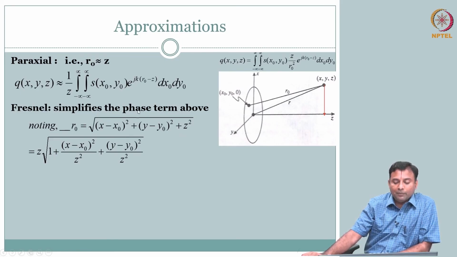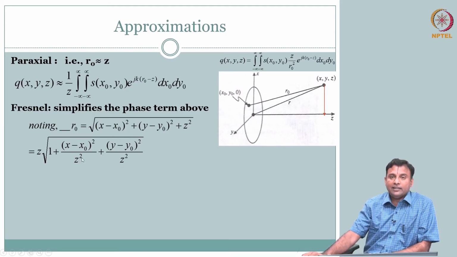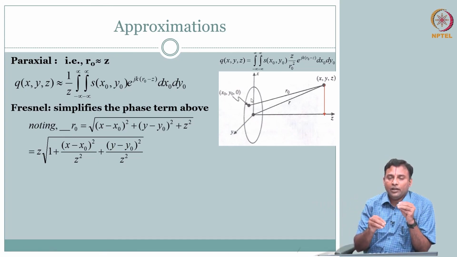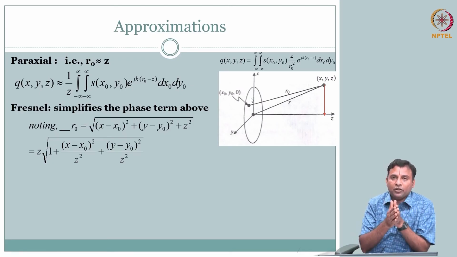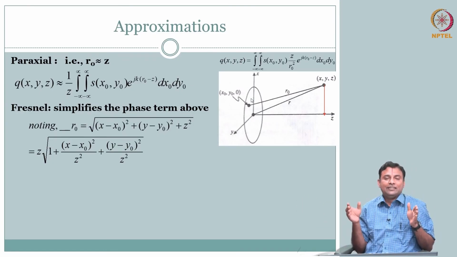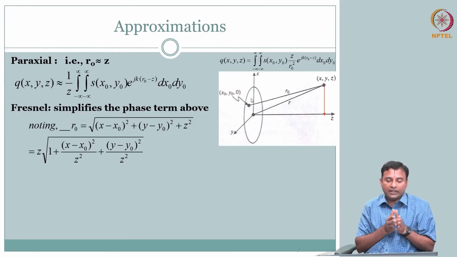So far it is just mathematical manipulation, but the simplification comes from the fact that we are interested in knowing whether you are close to the transducer or away from the transducer. We also showed at the beginning of the module that the pattern is going to be weird if you are close to the surface or away from the surface, near field and far field.